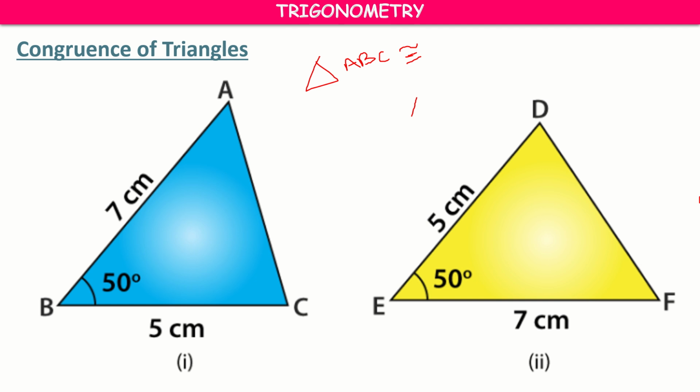Means triangle ABC is congruent to triangle FED here. Triangle FED. Are you getting me? Triangle ABC is congruent to triangle FED.